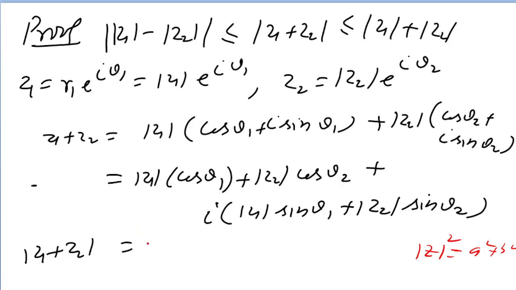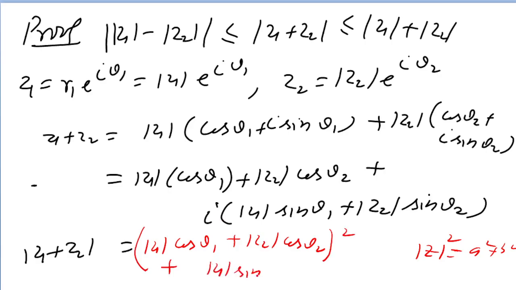So it will be (mod z1 cos theta 1 plus mod z2 cos theta 2) square, the real part squared, plus (mod z1 sin theta 1 plus mod z2 sin theta 2) square, the imaginary part squared.